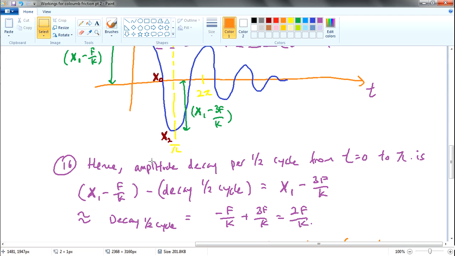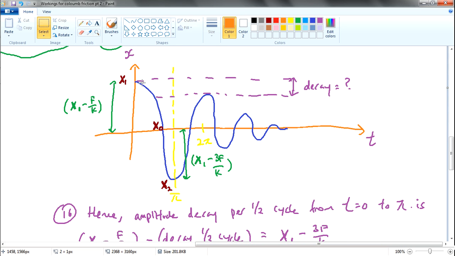So amplitude decay is just the difference between these. The reason is that when you go from here to here, this portion and this portion are the same. Just that when it comes back up, it's a little different, slightly shorter.